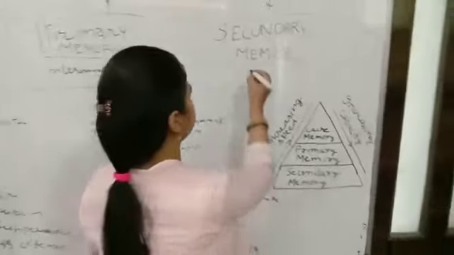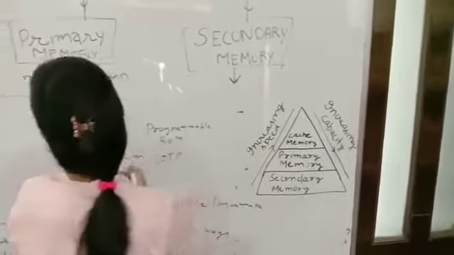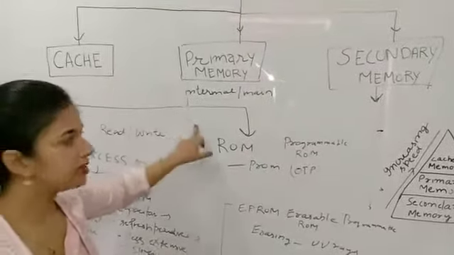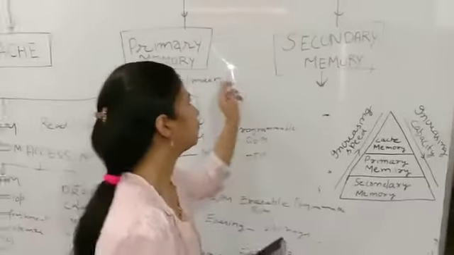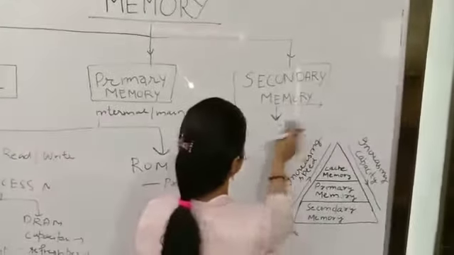And secondary memory. All the internal memory and the cache memory have limited space. So we need another memory which is large in space.